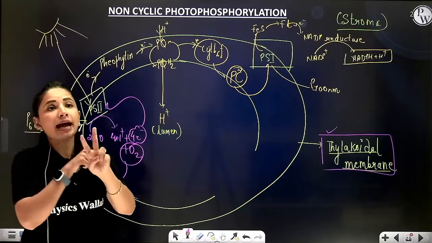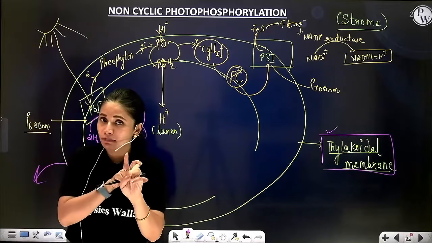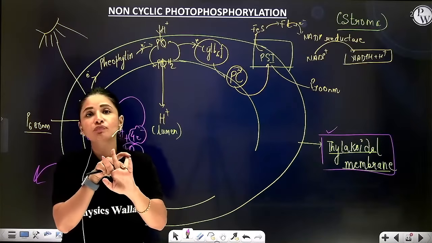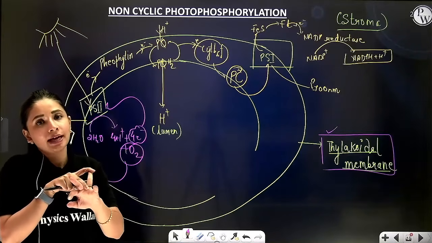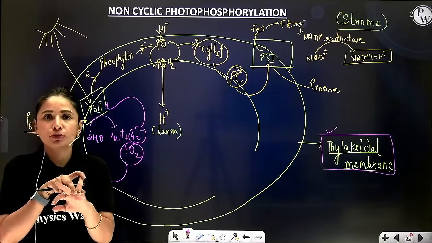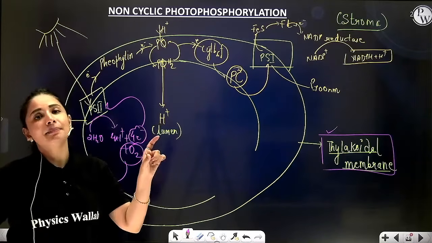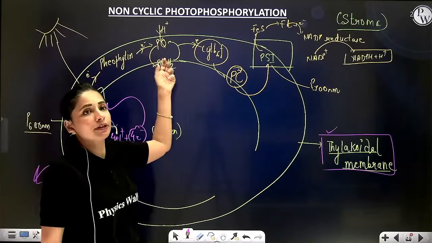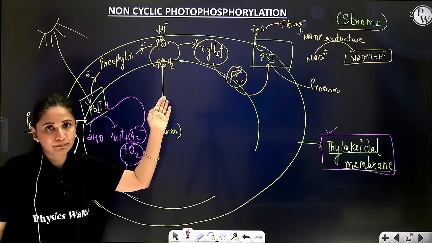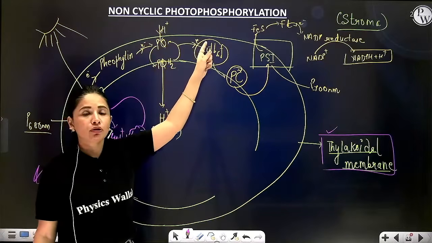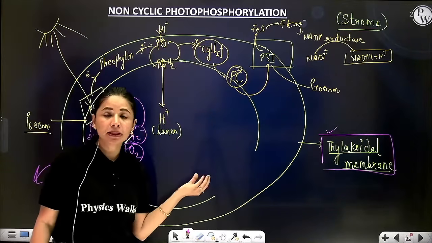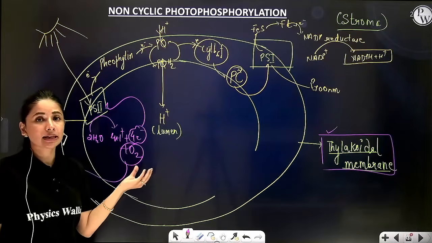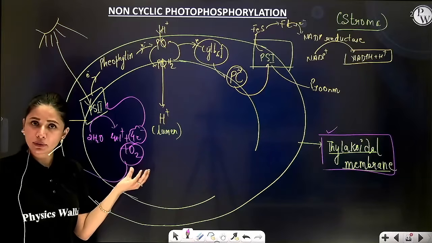Now, due to the activity of such proton pumps, there is establishment of proton gradient. Proton gradient means unequal distribution of protons across a living membrane. So due to the activity of plastoquinone, for example, the number of free protons in the stroma is going to reduce and their number is going to increase in the luminal space, right?